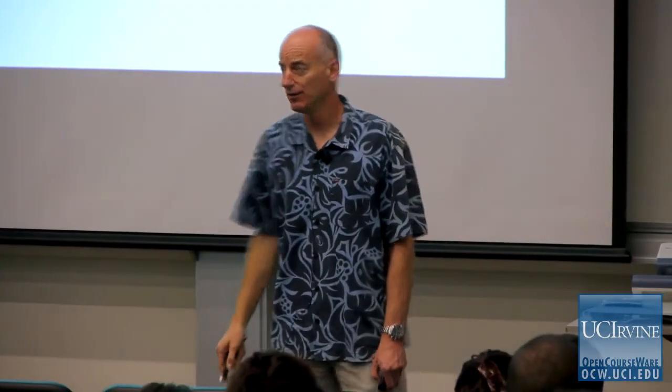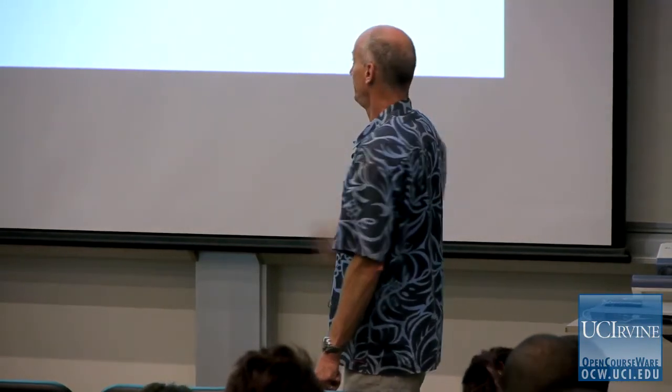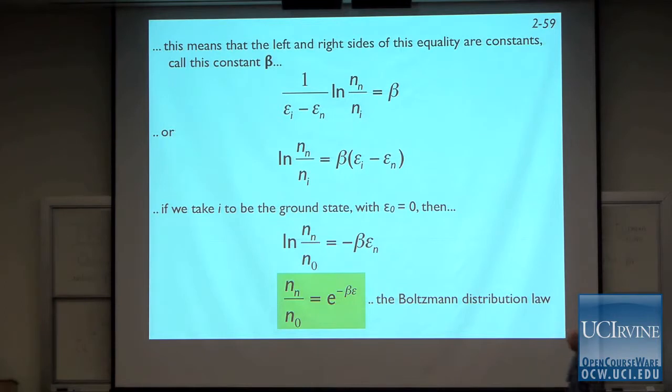We can calculate the population of that excited energy level using this equation right here, where beta turns out to be equal to 1 over kT, where k is Boltzmann's constant. Is that on the next slide? Now, beta is 1 over Boltzmann's constant times temperature, 1 over kT.